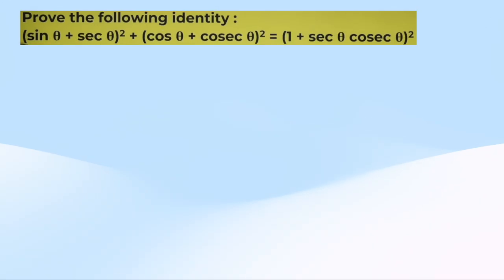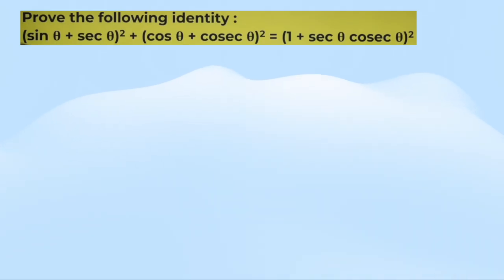See this question. In the question, we are given the relation between sine and sec, cos and cosec. This time it is not between sine and cosec, and sec and cos, right? So again we have two choices. Either we can open the whole square or we can convert everything to sine and cos.